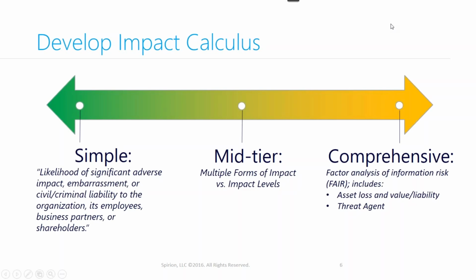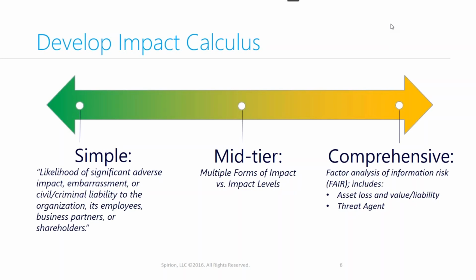I knew that there was a likelihood of significant adverse impact to the organization or to the employees or others if certain classes of data escaped, as we use the phrase. And so I simply put a qualitative statement among the different categories, and you'll see that when we look at the sample data classification matrix. So that worked for me.